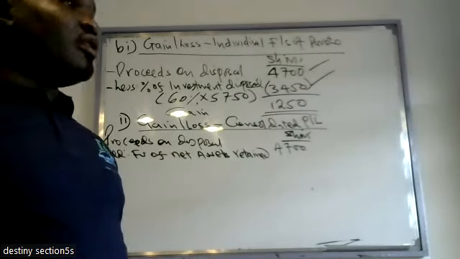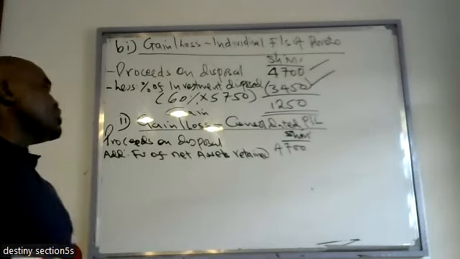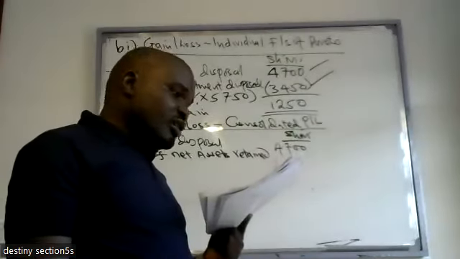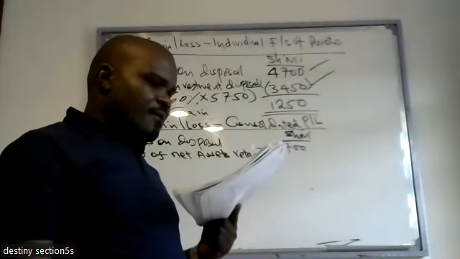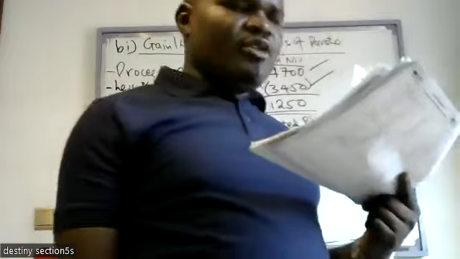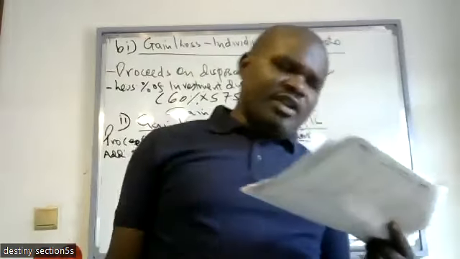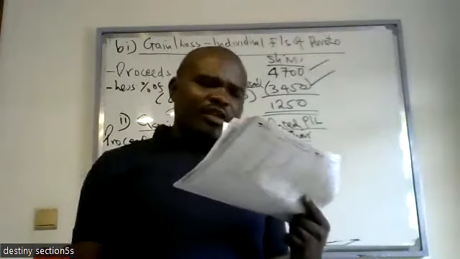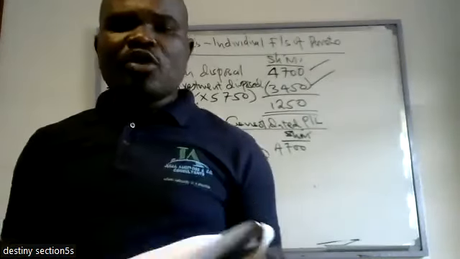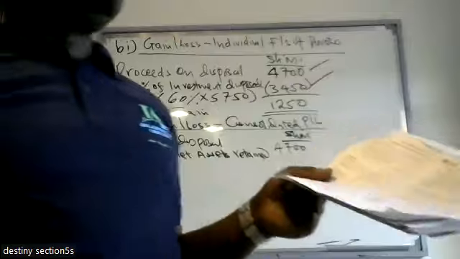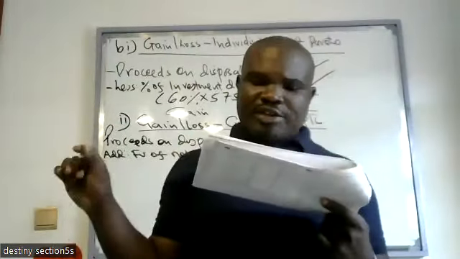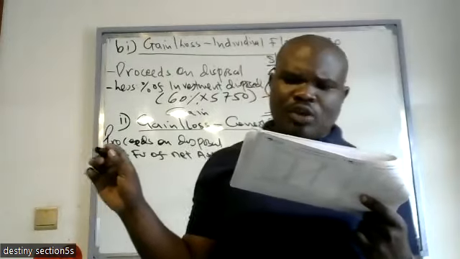Net assets retained. In the same note 4, they say that they disposed 60% of investment in DAFU on 1st April for 47 million, when the fair value of the identifiable net assets of DAFU was 6250. That was the fair value of the net assets on the date of disposal.